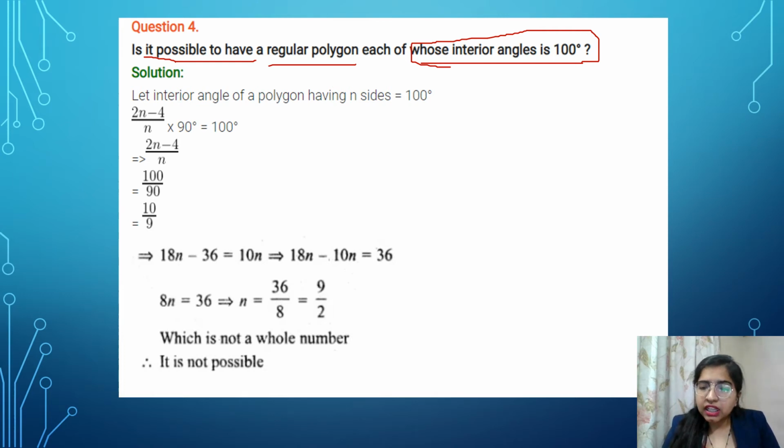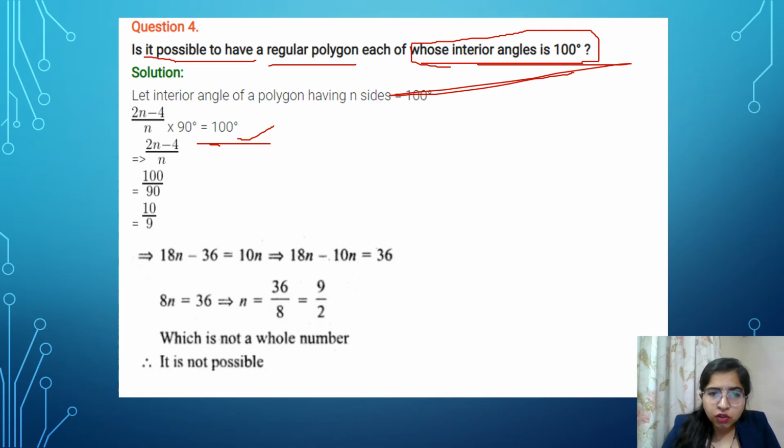For the interior angle, I told you the formula is the same, (2n minus 4) divided by n, into 90. And the answer is given to you, that is 100 degree. So you have to put it equal to 100, because the interior angle is given to you. So (2n minus 4) divided by n into 90 equals 100; this will be divided by 90. 100 upon 90 will be 10 upon 9, right?